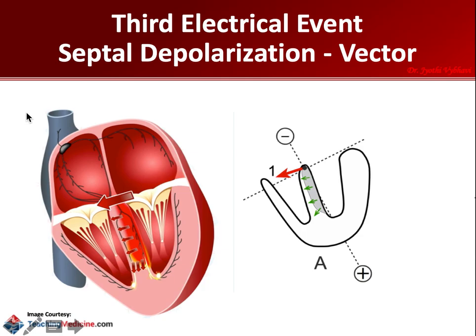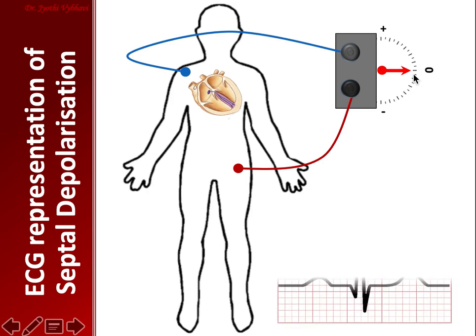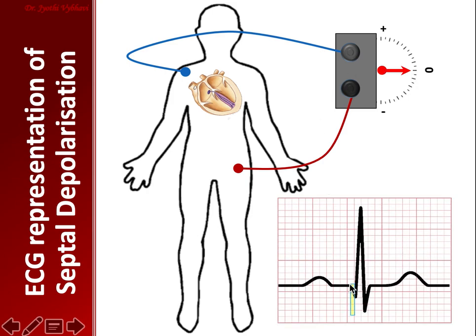You get a negative deflection, a negative wave, right? So with the negative electrode and the positive electrode, the wave is going downward, rightwards and upwards. You can see a very minute deflection, and this is how it is represented in the ECG, because the septum is a very thin myocardium.